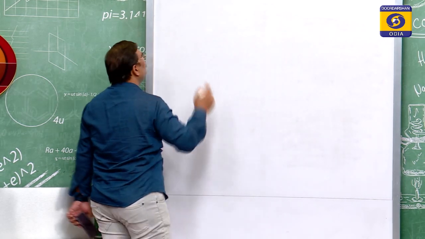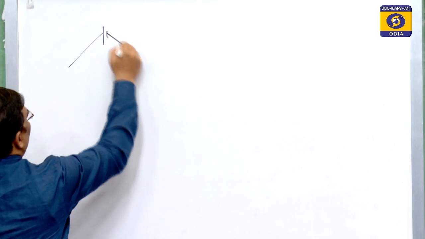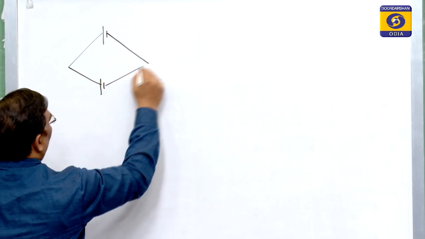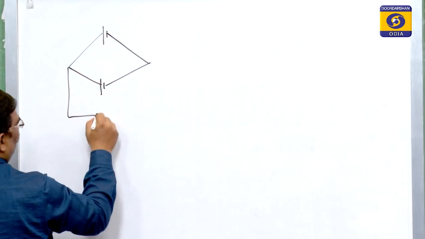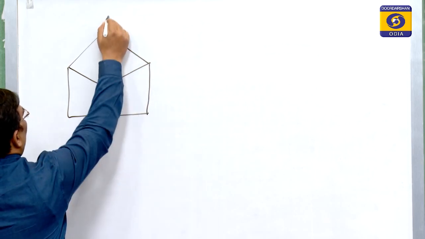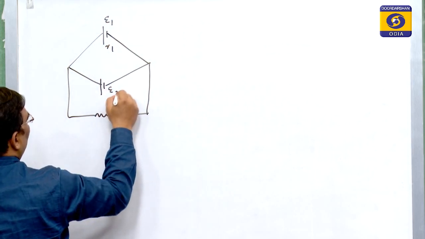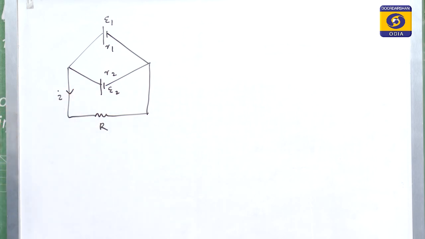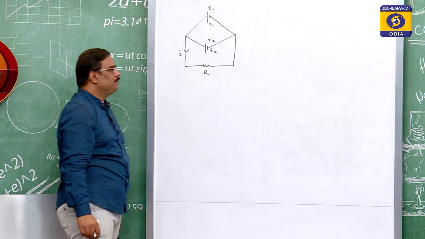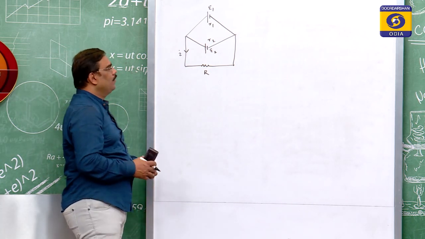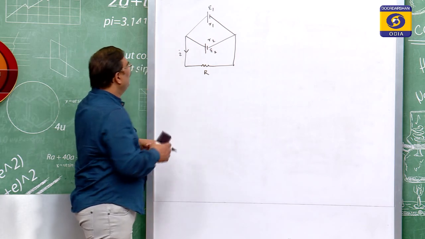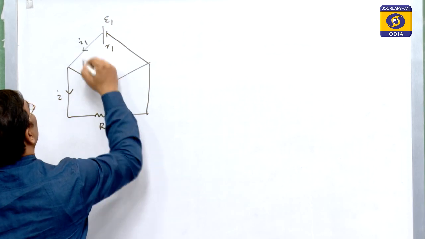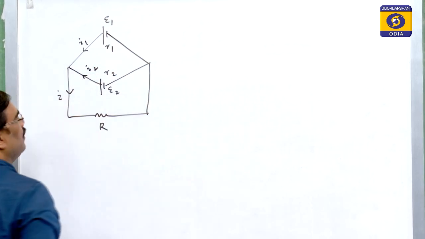Suppose there are two cells, E1 R1 and E2 R2, and they are sending current through an external resistance R. Here, suppose this is flowing I1 and this is giving us I2.